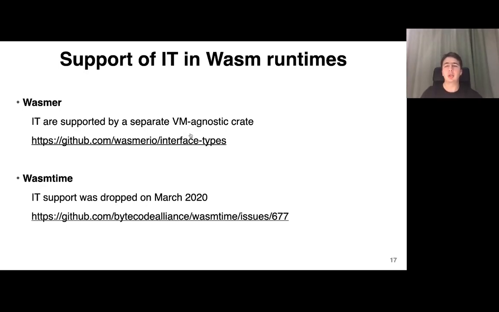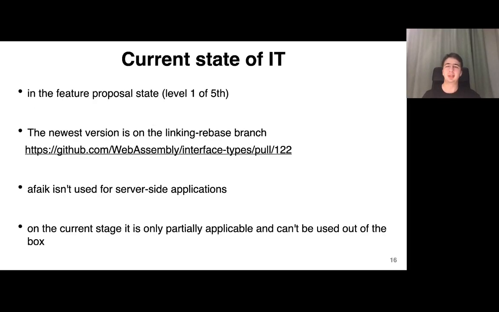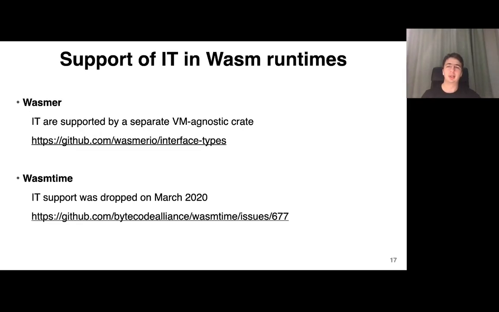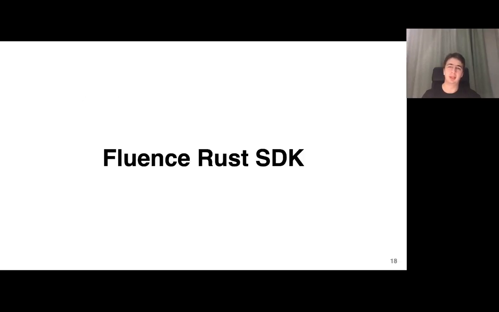You can see a discussion about integrating interface types in this issue, by this link. So interface types first of all can be used out of the box without this pull request, I mean this one, and also there is no support in runtimes for interface types.